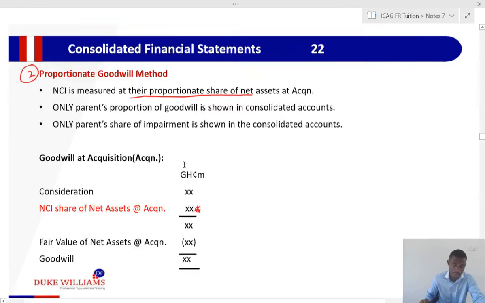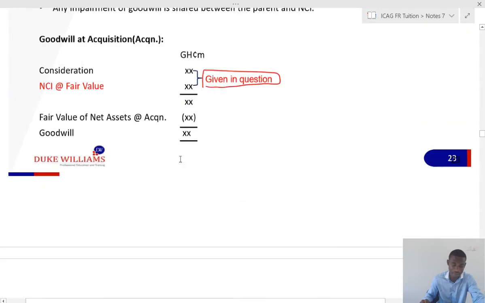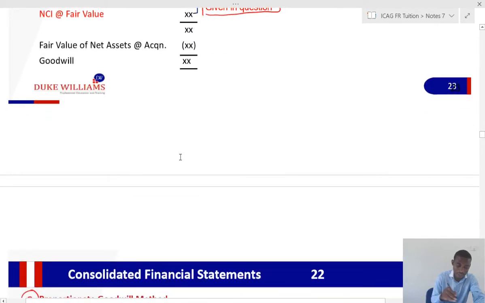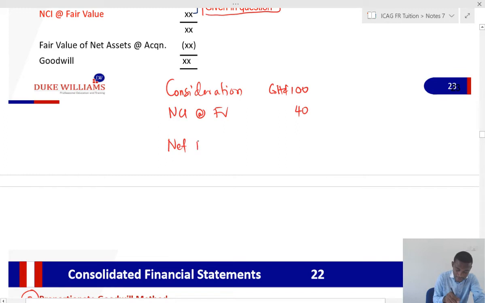Now, let's see if we can draw up a simple example. Let's say we have consideration, and let's say the consideration is 100. Now NCI at fair value, let's say is 40. And the net assets at acquisition, the fair value of the net asset at acquisition, let's say this is 85.